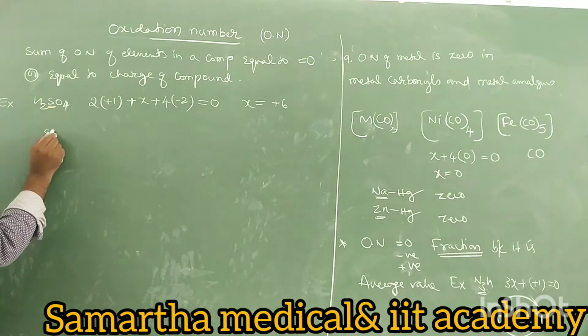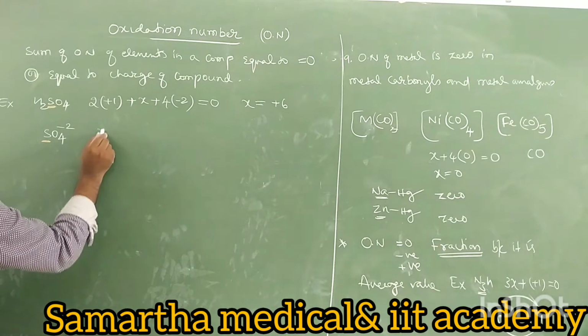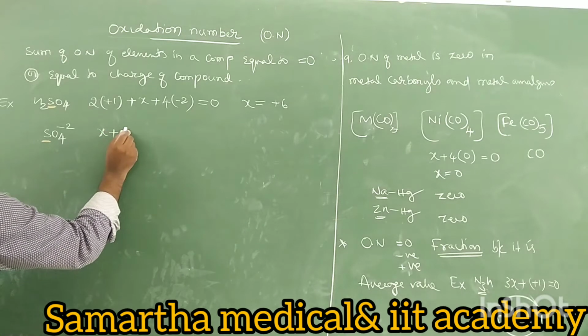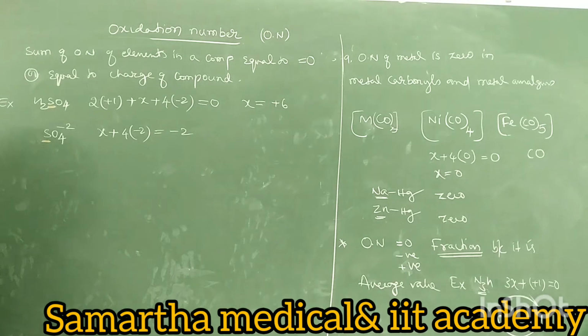Similarly, let us take SO4 2-. Now calculate the oxidation number of sulfur. X plus 4 into minus 2, again take X, then 4 into minus 2 equals minus 2. Right? Why equal to minus 2? It is a charged compound, right?